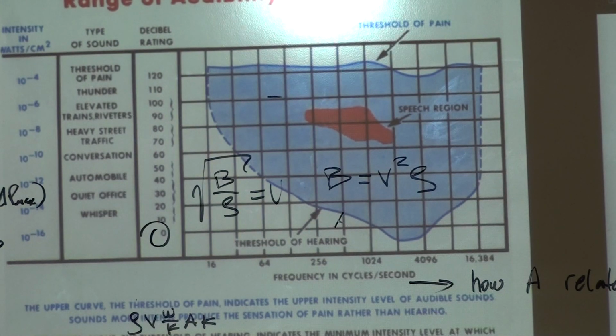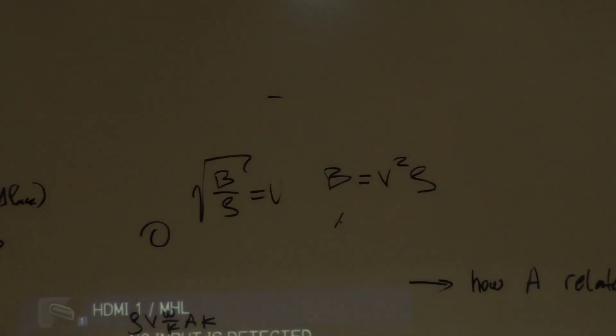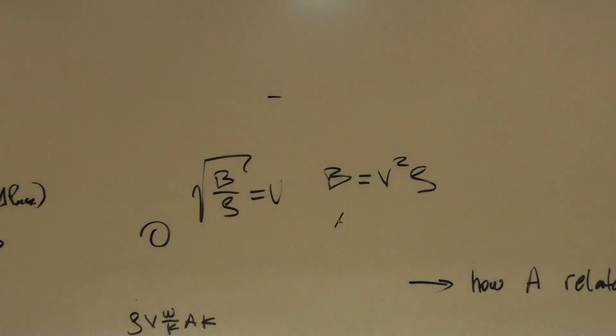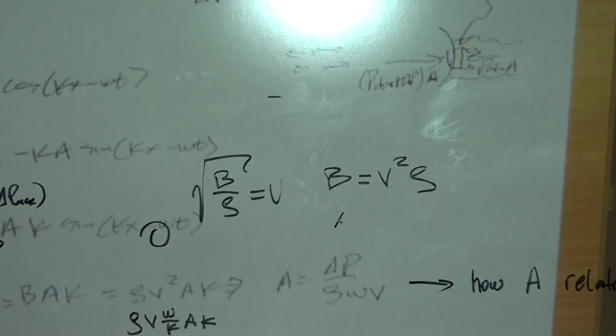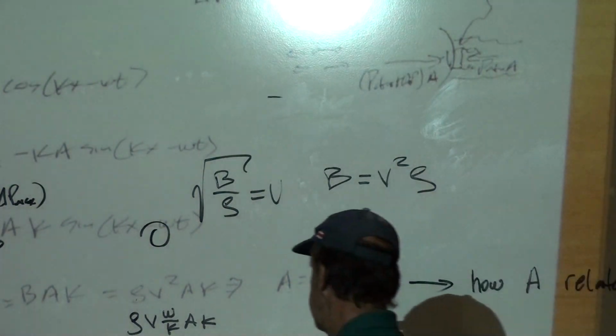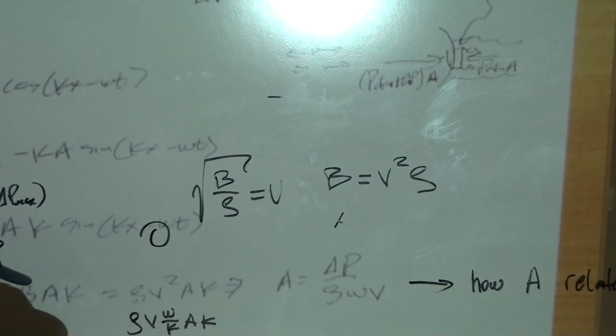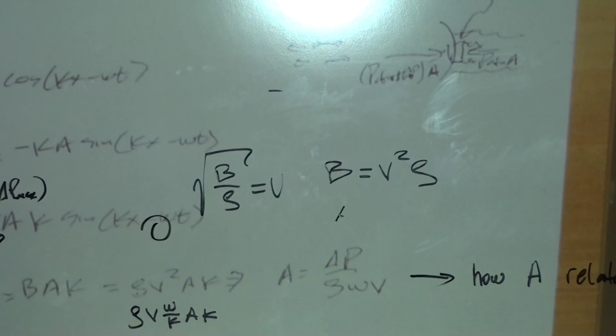And there's a calculation that's necessary to do this that I'm going to leave out. But when you do this calculation for intensity in terms of maximum amplitude, what we get for the delta P is 2.5 times 10 to the minus 5 pascals.